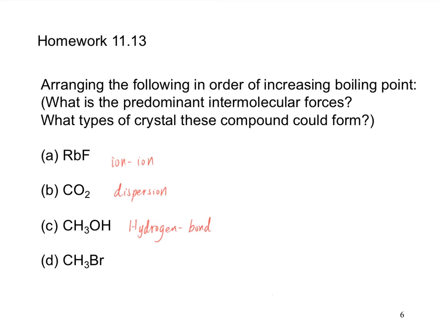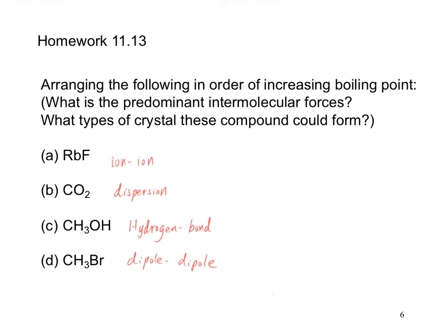Similar to chloromethane, it is a polar molecule, and we do not have ion. There's no ion involved in intermolecular forces, and this is a polar molecule, and apparently we cannot form hydrogen bond because we do not have a nitrogen, oxygen, or fluorine. So therefore, the predominant intermolecular force is dipole.